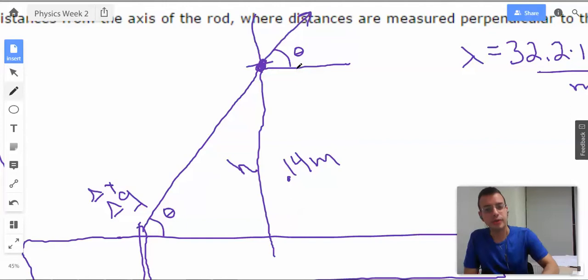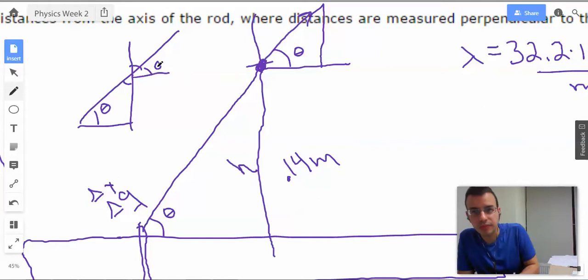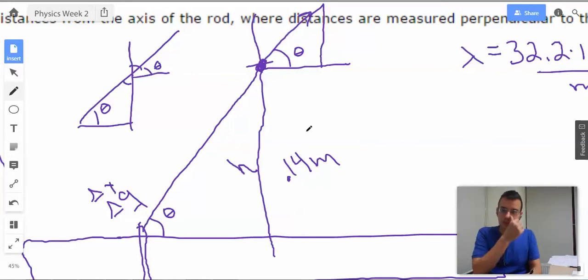So, what we're going to look for then, let's make sure this seems reasonable. If I draw something like this, then this angle will be that angle. This angle will be that angle. Yep, theta, theta. True.